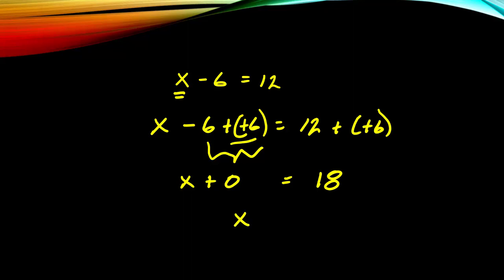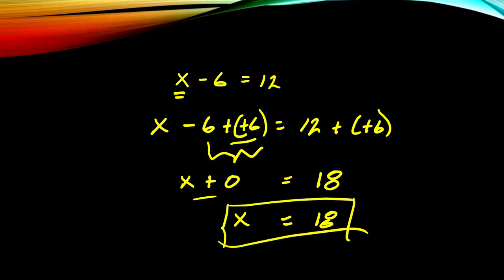We know that you add 0 to anything, you get the same number back. That's called, in this case, the additive identity. When we get the same number back, it's an identity. So we have x equals 18.